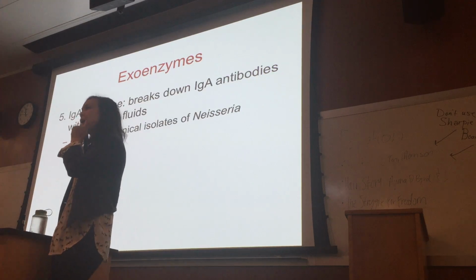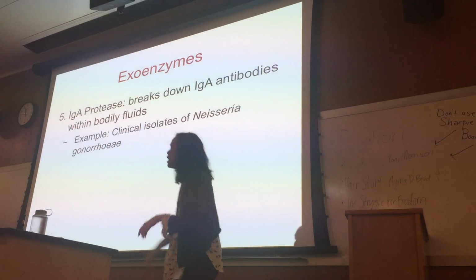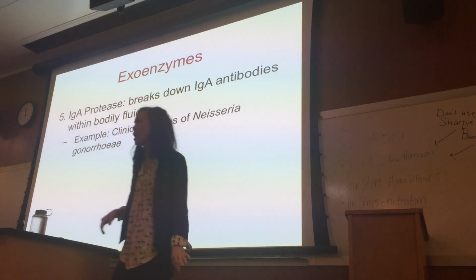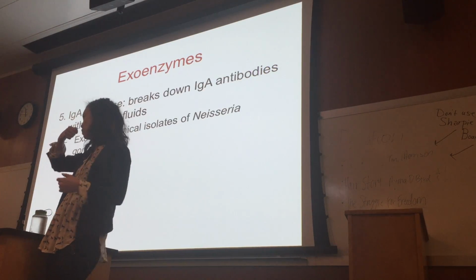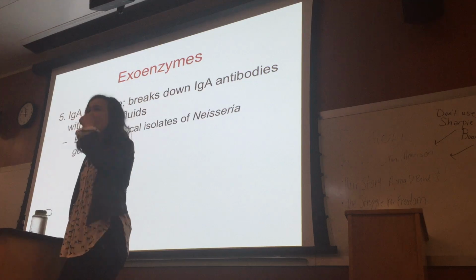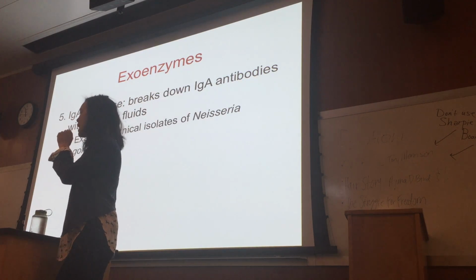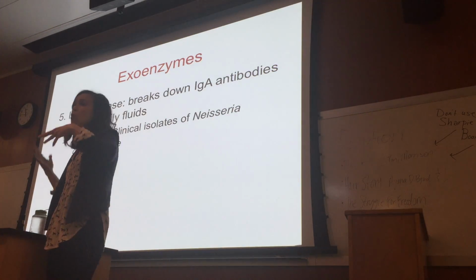So we'll have it in our mouths. In fact, on Monday when we mentioned that home HIV test where you swab your gums, that's the antibody you're swabbing for. It's called IgA. IgA likes to hang out on your mucosal surfaces.